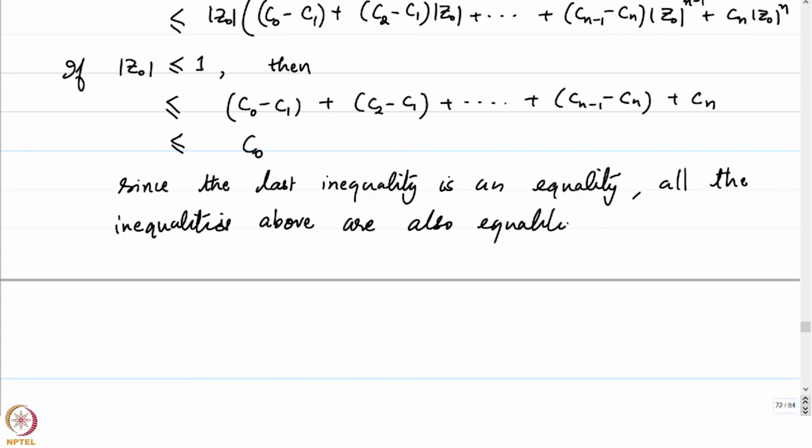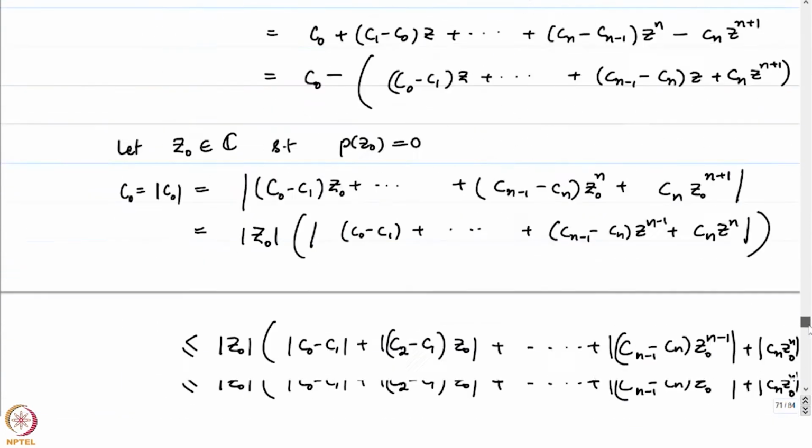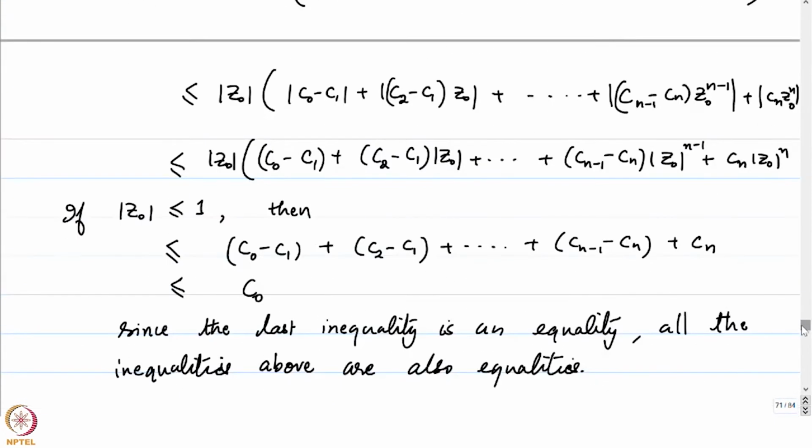Therefore, we have, let me just show you once more what was put in the box. The first two of them will be equal. So let's write that down.